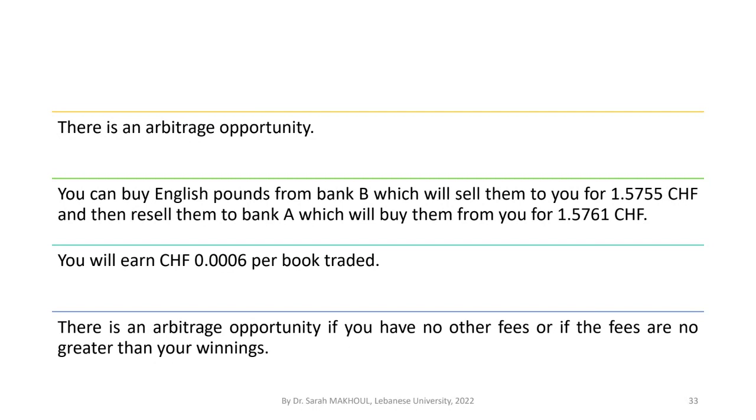This is an arbitrage opportunity, if you consider it without any extra fees or commissions, and it will show on big amounts, because showing 0.006 on single pounds will not make so much difference. But imagine those differences, or arbitrage opportunities, on like 1 million pounds.